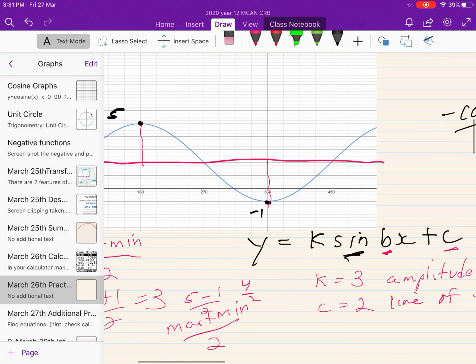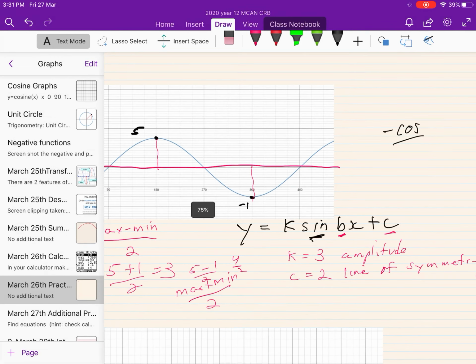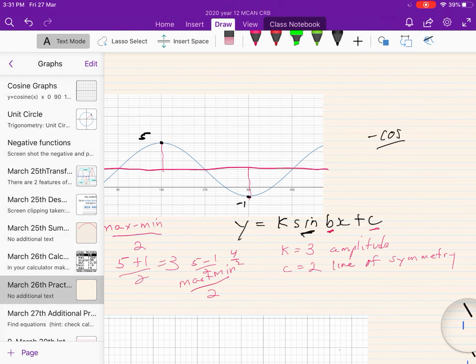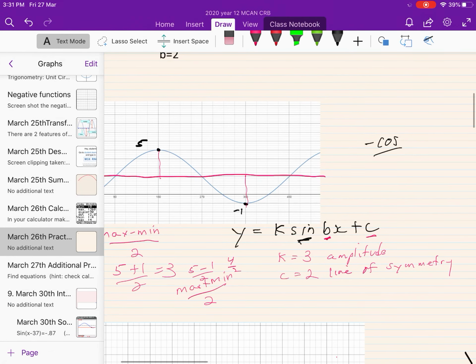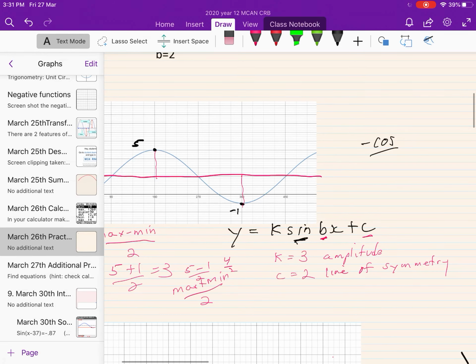Apparently. It finishes at 360, so there doesn't seem to be a B in this graph. So B is basically 1 if there's no... so B is 1? So it might be interesting. Maybe Sophie was onto something here when she talked about the negative cosine thing.